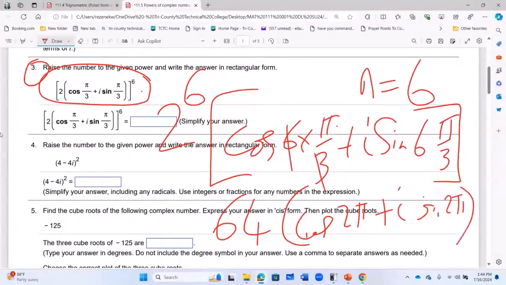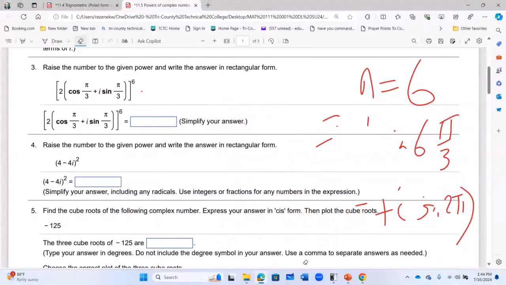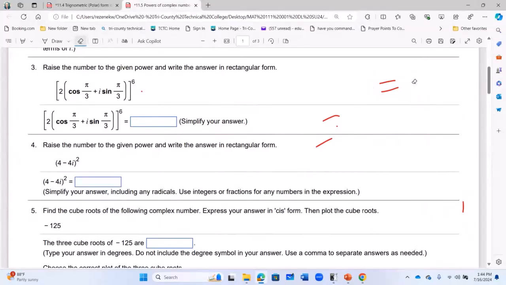In number 4, the original question is in rectangular form. So the first thing I have to do is convert. Actually, we can expand this, we have already done something like this. But let's get one that is in another form.